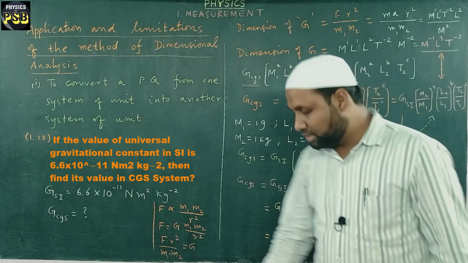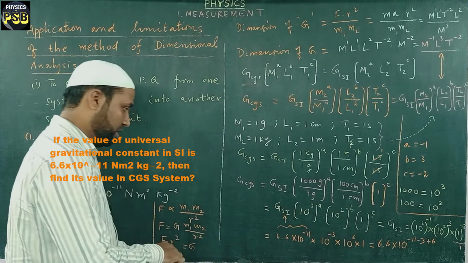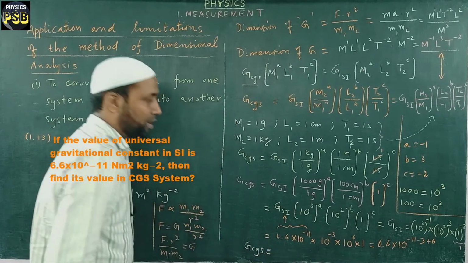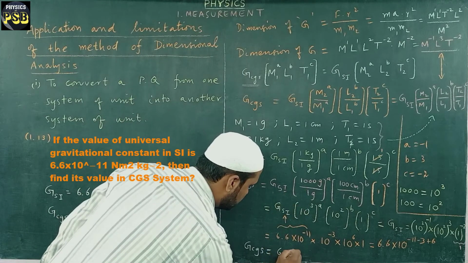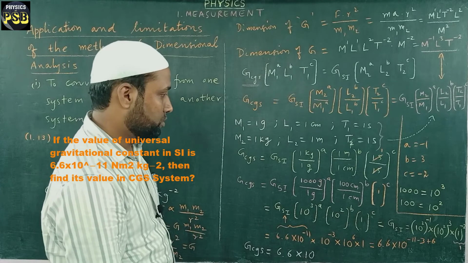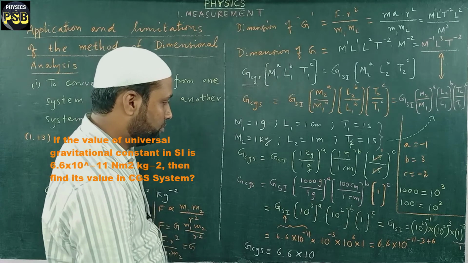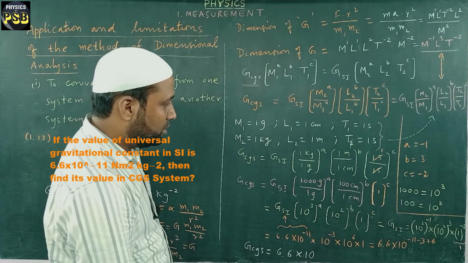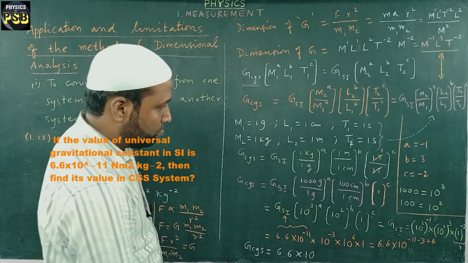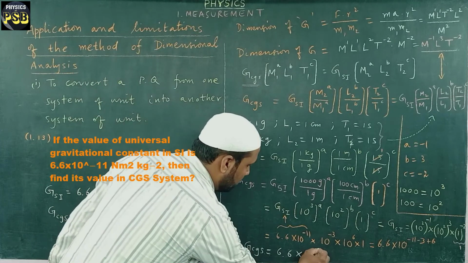Minus 11, minus 3 is minus 14, plus 6 is minus 8. So the value obtained in this system is 6.6 into 10 power minus 8.